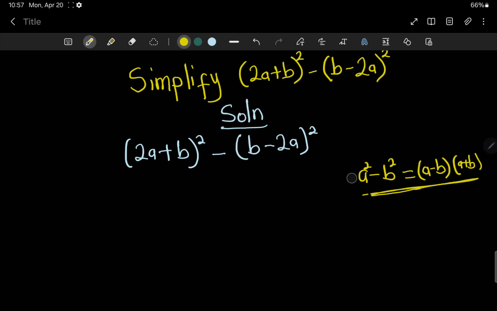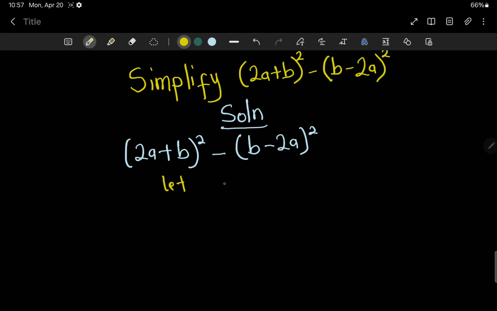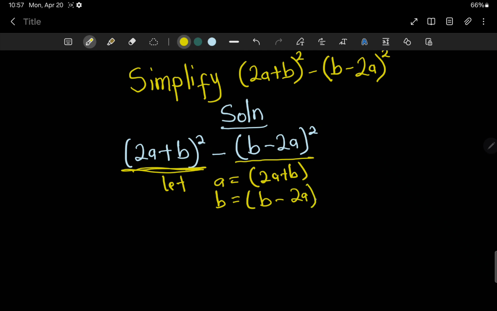So what we are going to do is say, let a equal this, which is 2a plus b, right? And then let b equal the whole of this, which is b minus 2a.